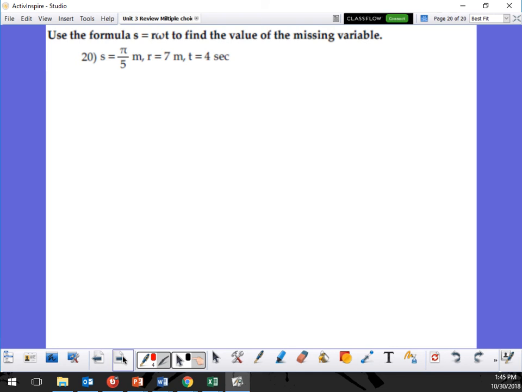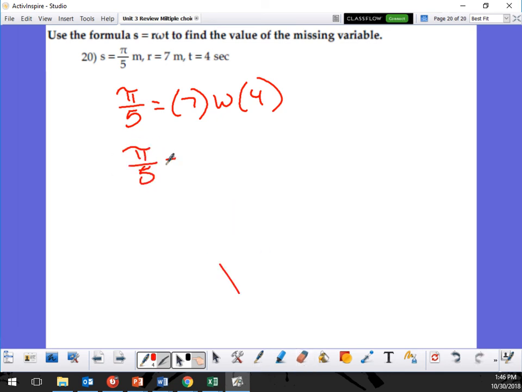Okay, so I'm going to say S, which is pi over 5, equals R, which is 7, times W times T, which is 4. So this one's going to have a little bit more work here. So that 7 and 4 gives me how much? 28.